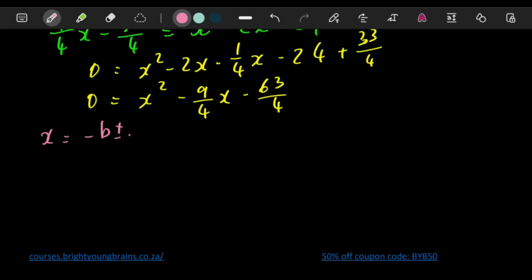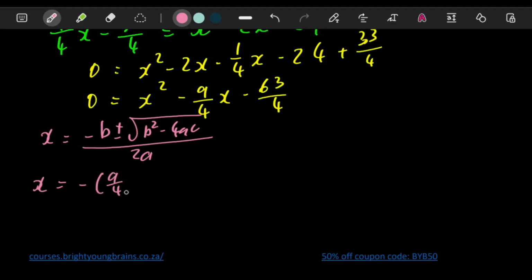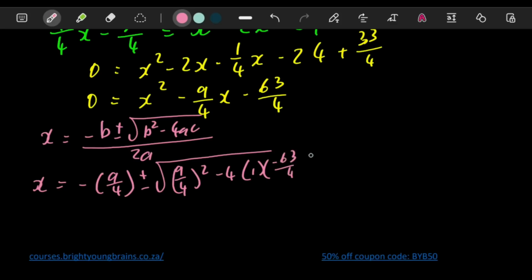Minus b plus or minus the square root of b squared minus 4ac, over 2a. What is b? B is like negative 9 over 4, squared, minus 4. A is 1. Negative 63 over 4 here.